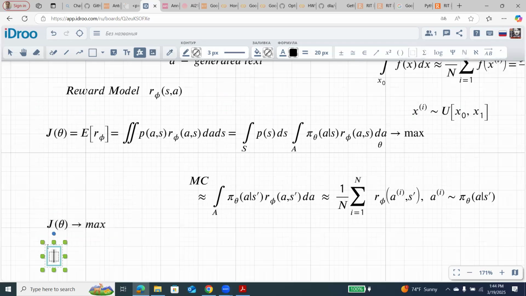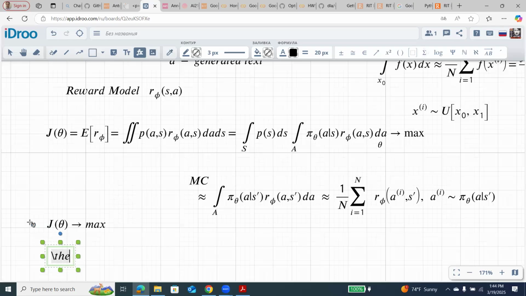And the most popular algorithm is gradient descent. In this case, it's gradient ascent.